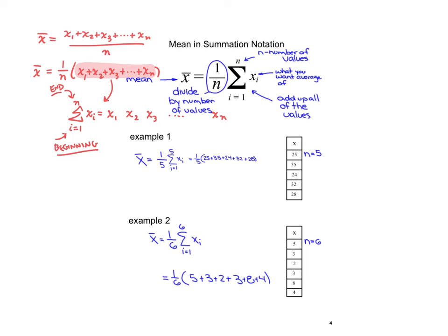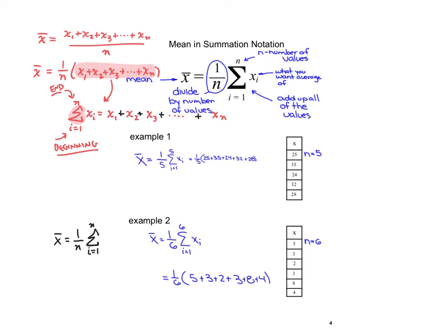Now this symbol here means add them all up. So that symbol tells me to add all of these terms up, all the way up to the nth term. Therefore, you can see that x bar is 1 over n times the sum of the first n terms.